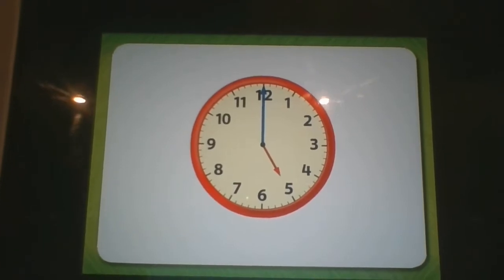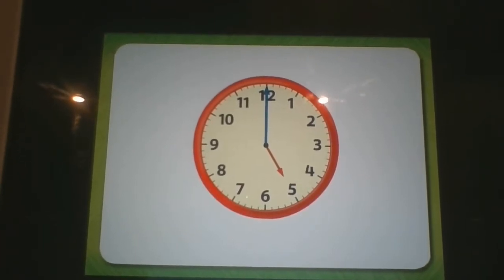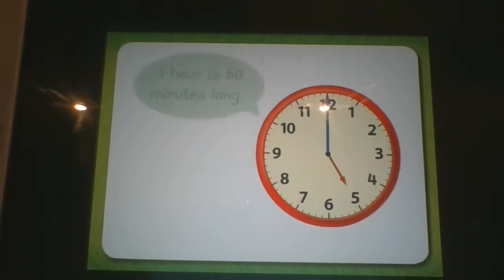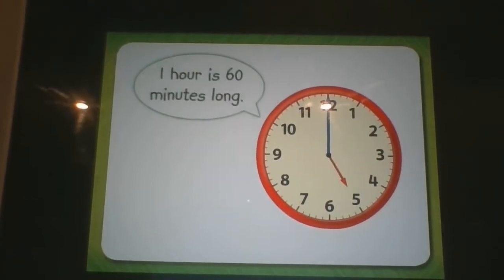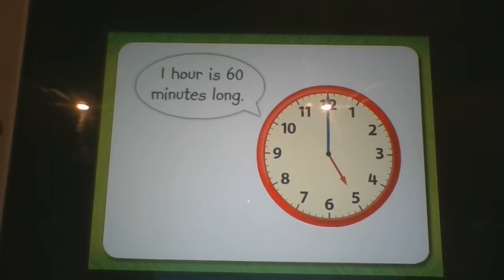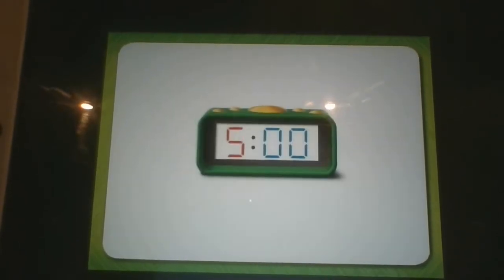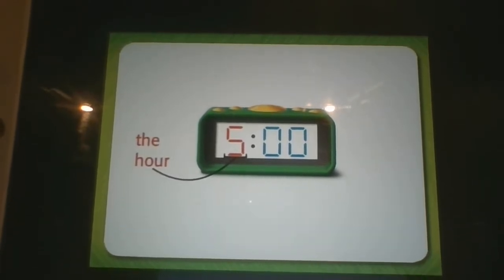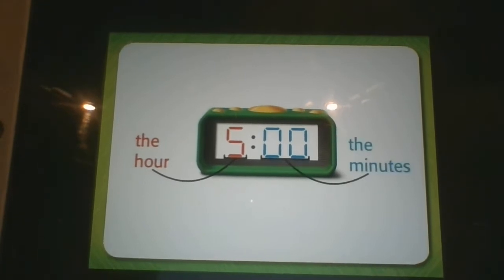The small red hand shows us the hour, and the long blue hand shows us the minutes. 1 hour is 60 minutes long. It is 5 o'clock. On a digital clock, the first digit in red tells us the hour, and the second digits in blue tell us the minutes.